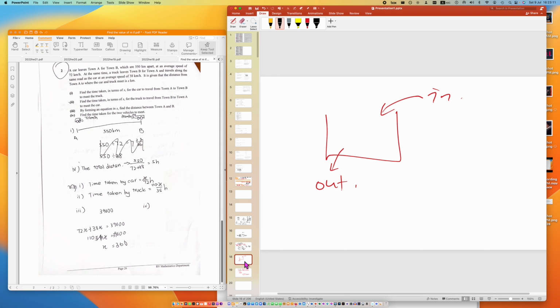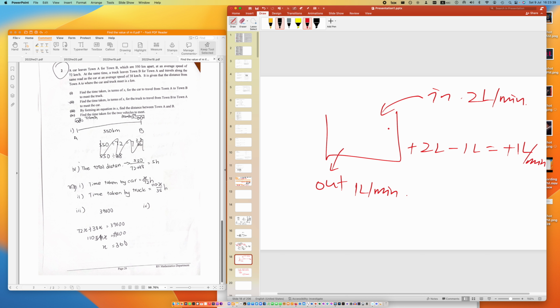So for the in and out one, let's say you go in at 2 liters per minute, then you go out at 1 liter per minute. So the resulting is in is plus, out is minus. So the resultant is still 1 liter per minute in.